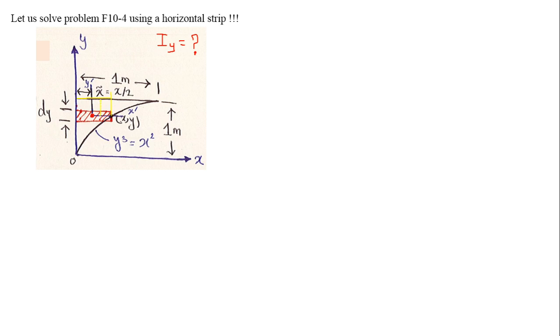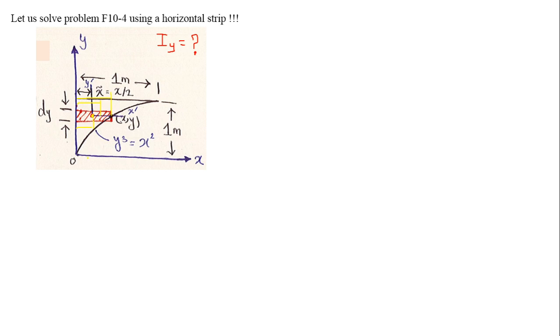At this point, the moment arm has a length given by this. At this point, right at the centroid, it has a length of this unit. So the equal moment arm condition is not satisfied.